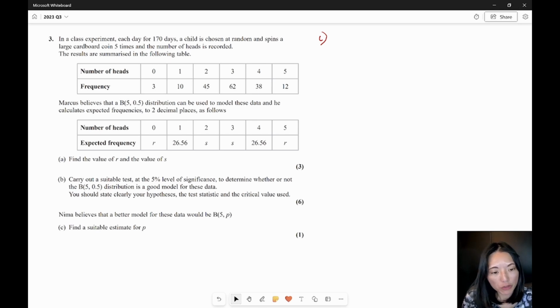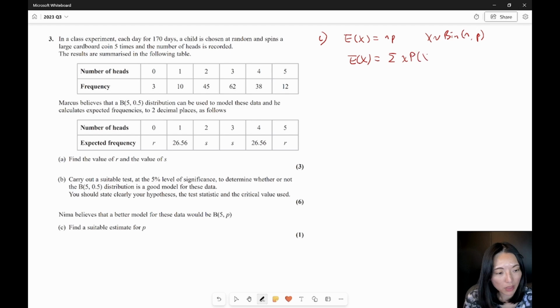We know that in a binomial distribution, the expected value of x equals np. X follows a binomial distribution with parameters n and p. And the expected value of x is simply all the x values multiplied by their probabilities. So here n equals 5. And what about each of the probabilities?